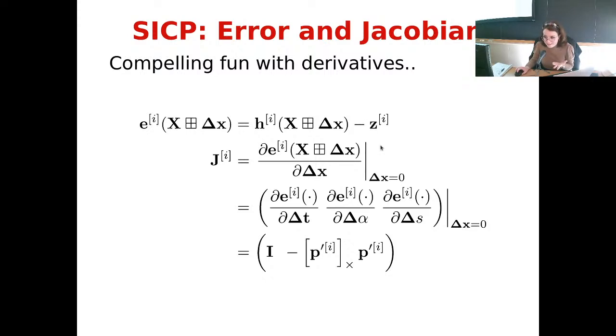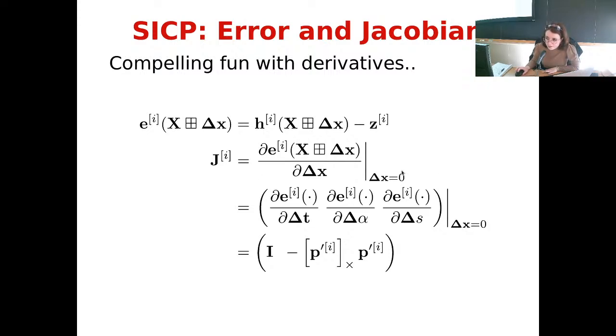But delta x in this case is 7-dimensional, because we have delta t and delta alpha as in regular ICP. But then we also have delta s, which is our 7th element of the perturbation vector.